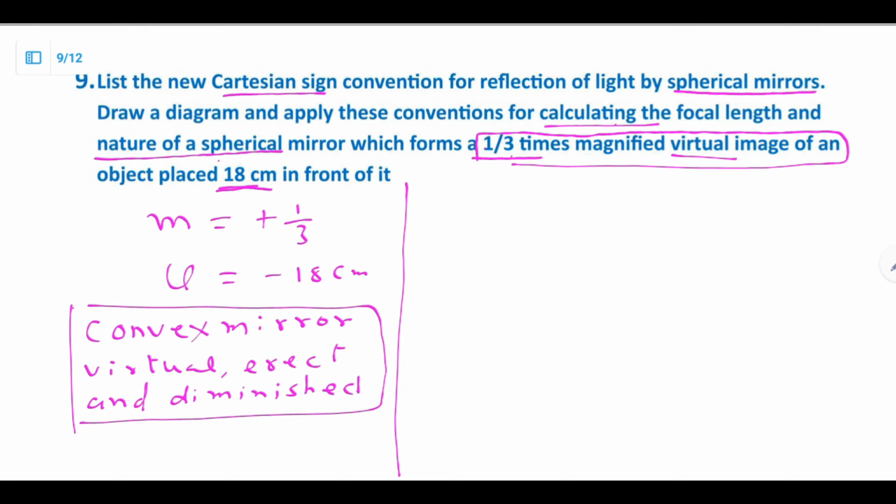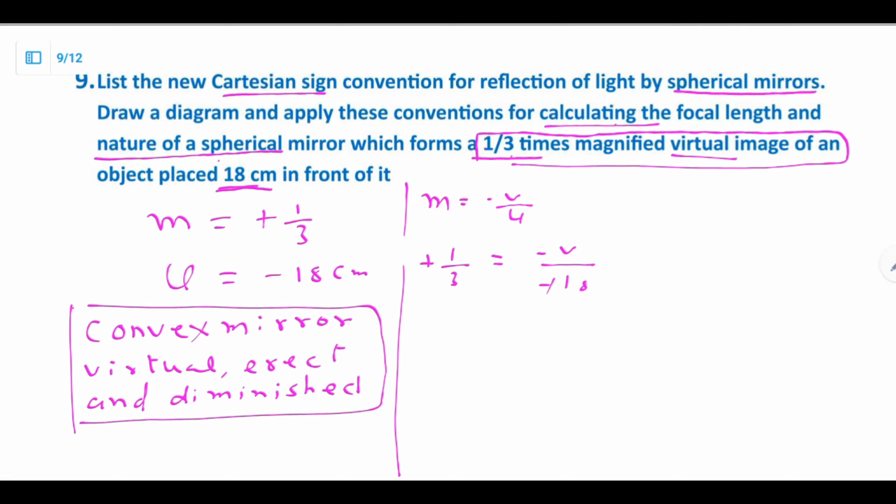So let me find the focal length of the mirror. Magnification m equals minus v by u. So m is plus 1 by 3, equals minus v by minus 18.